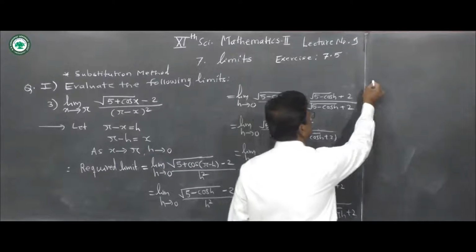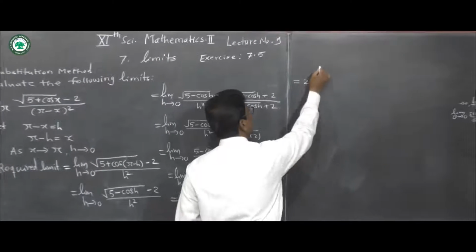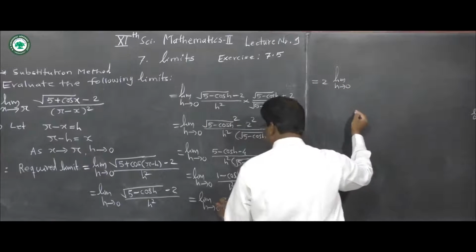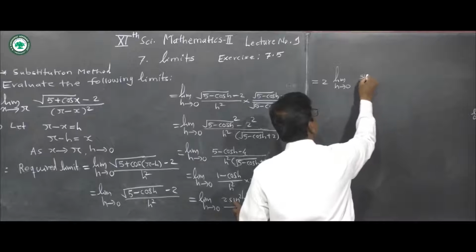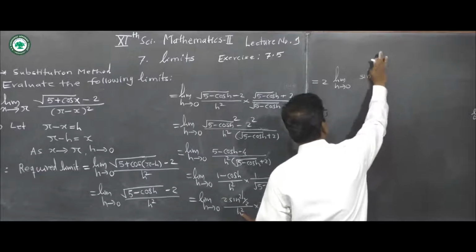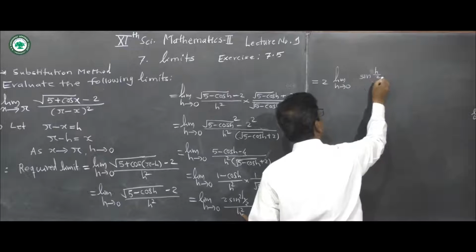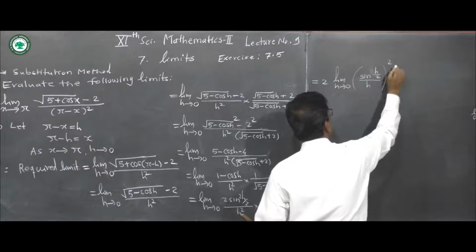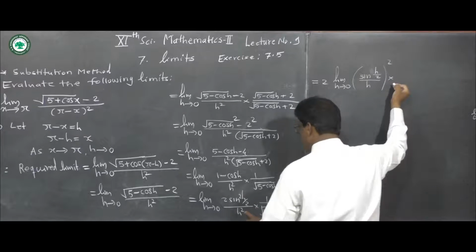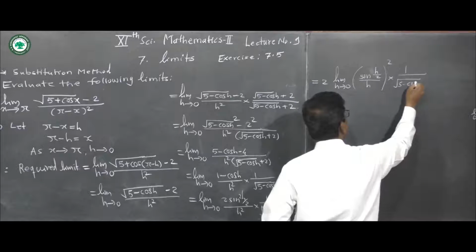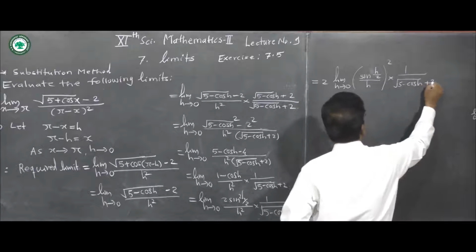So it is equal to 2 into limit as h tends to 0, sin square h by 2 divided by h square, we write (sin of h by 2 divided by h) bracket square into 1 upon under root of 5 minus cos h plus 2.